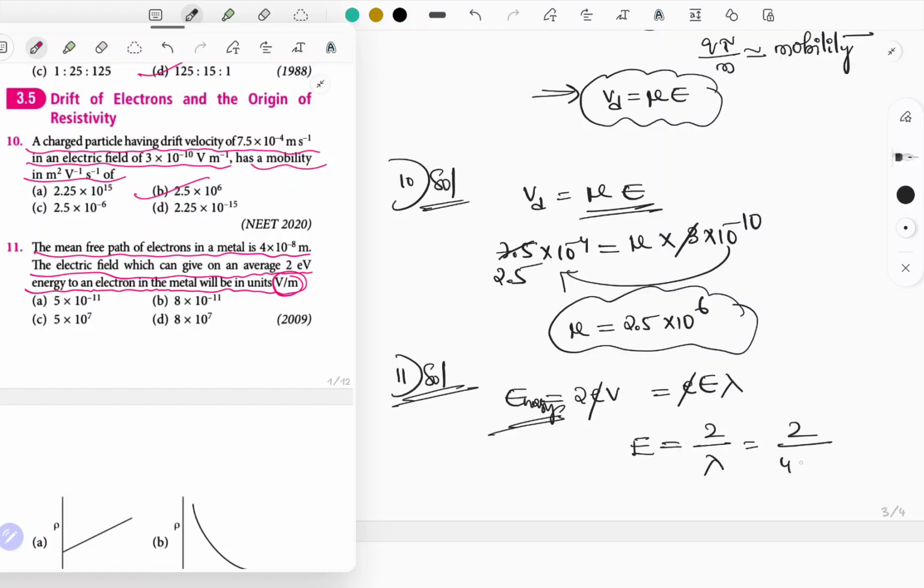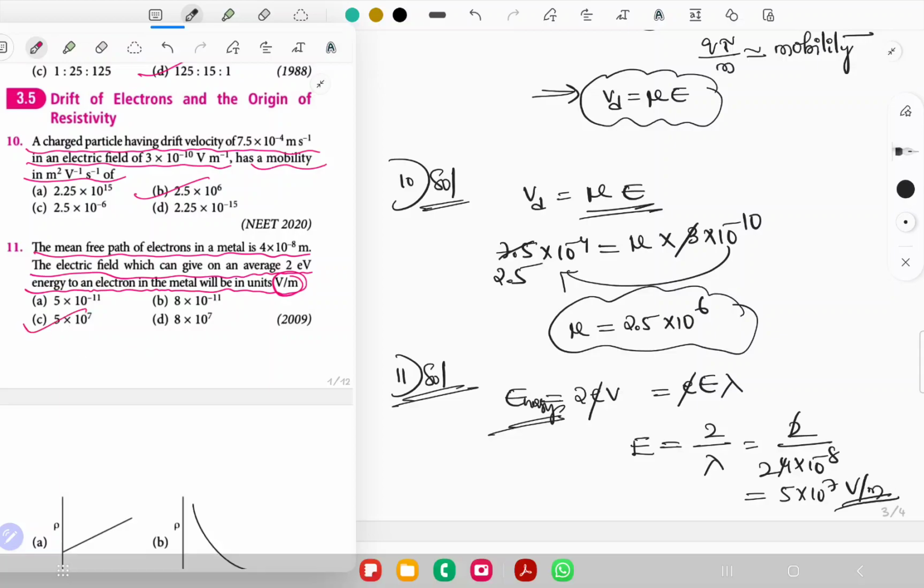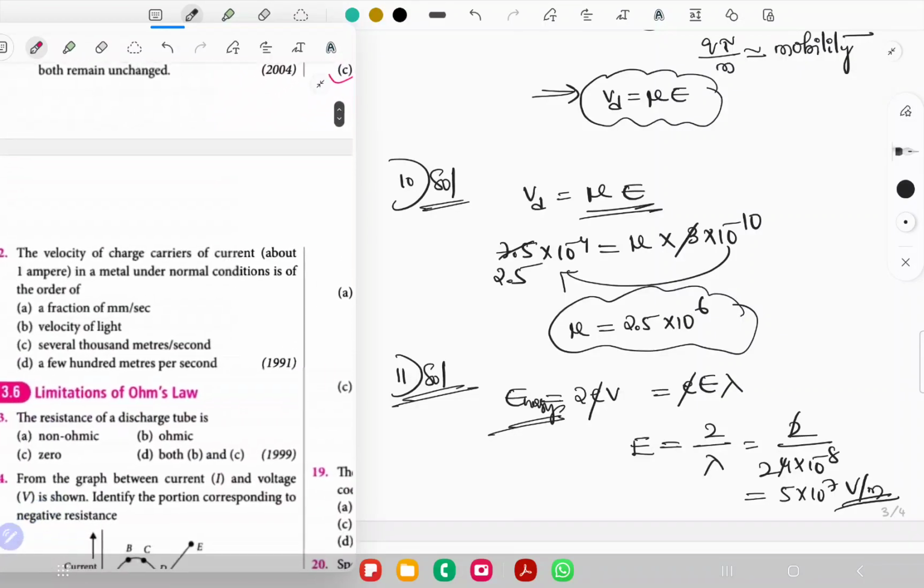So 2 divided by 4 into 10 power minus 8, where 2 will get cancelled. You are going to get 0.5 into 10 power plus 8, which can be replaced as 5 into 10 power 7. 5 into 10 power 7 volt per meter. So this is the answer for question number 11. Which option matches? Option C is the correct answer for question number 11.